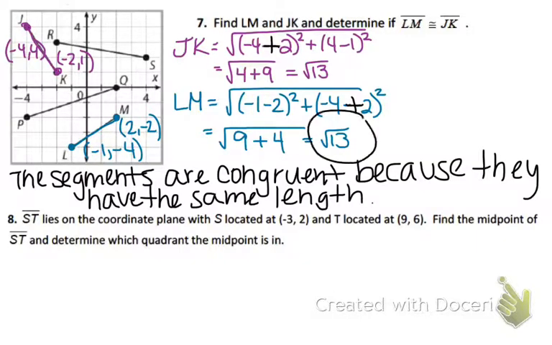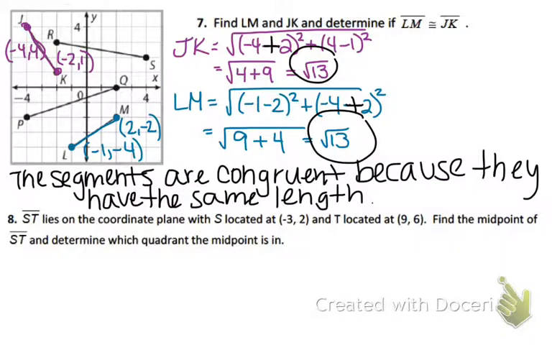And that length is the square root of 13. One of the big things in geometry is justifying. So you do your work for finding the lengths of those segments, and then you're using that math to support your answer. So the segments are congruent because they have the same length, which is the square root of 13.